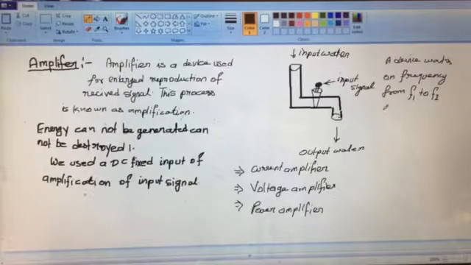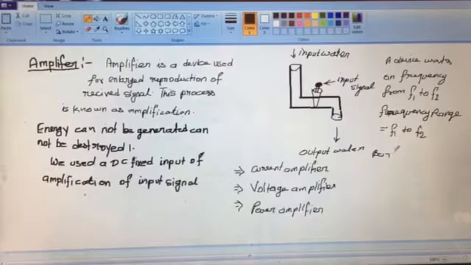So frequency range equals F1 to F2, and bandwidth equals F2 minus F1.